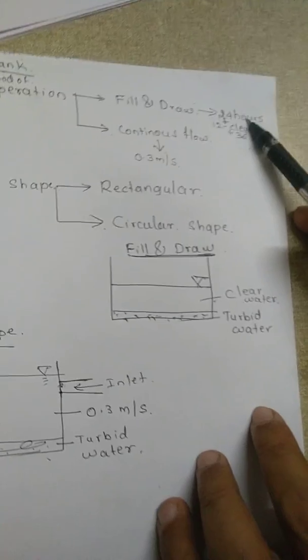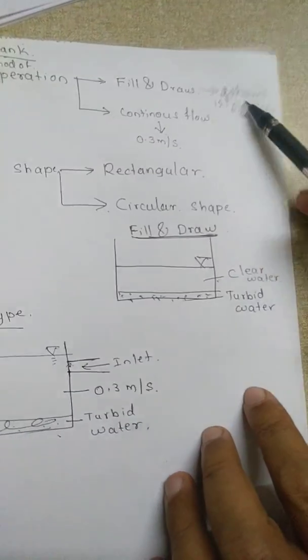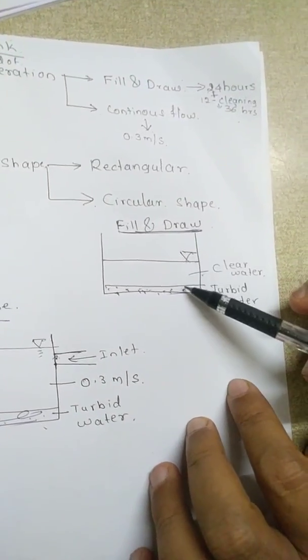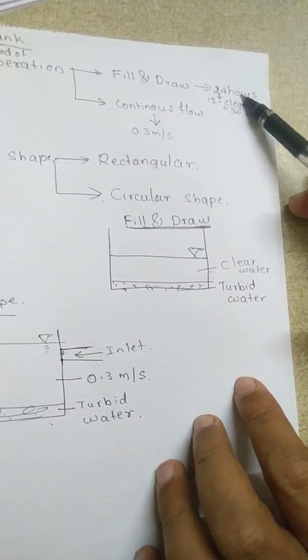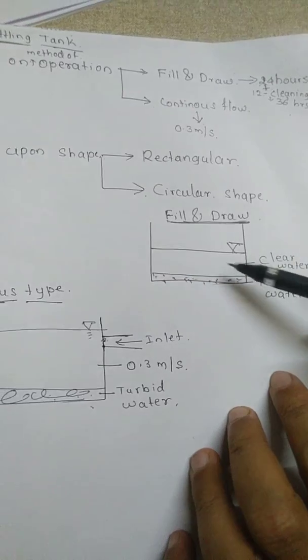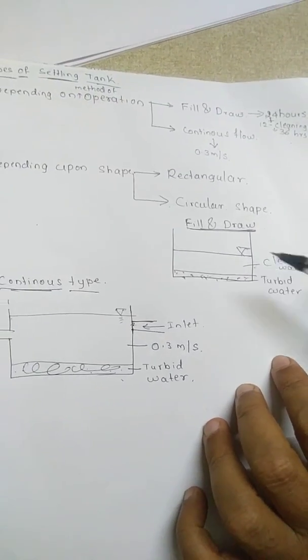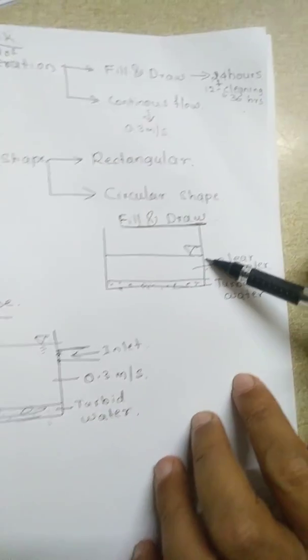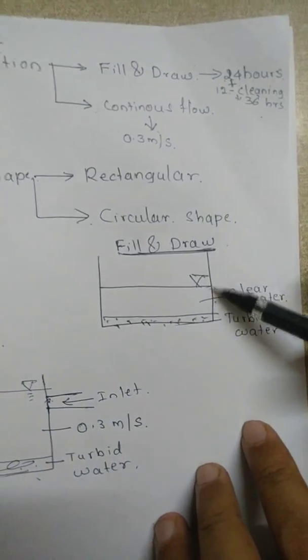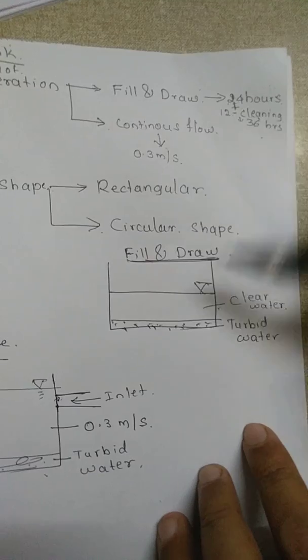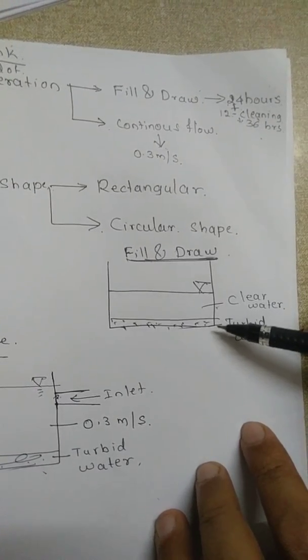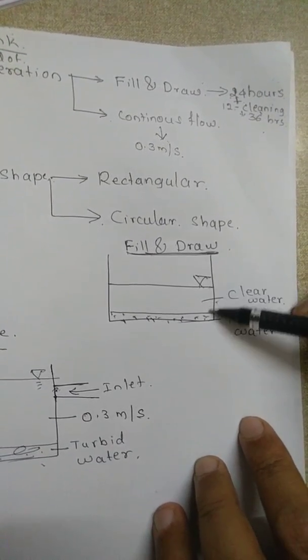Now after 24 hours, the particles are going to settle down by their own weight. After 24 hours, we are going to have the clear water at the top. What we have done till now is the filling, and we have given 24 hours of detention time. So the particles had settled down and we remained with the clear water.